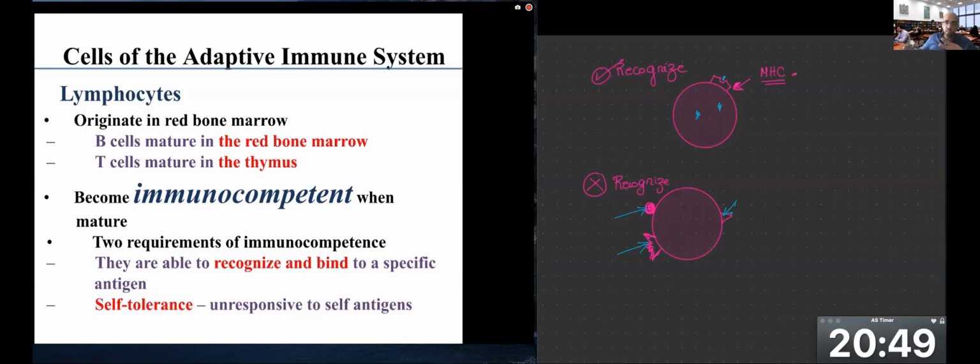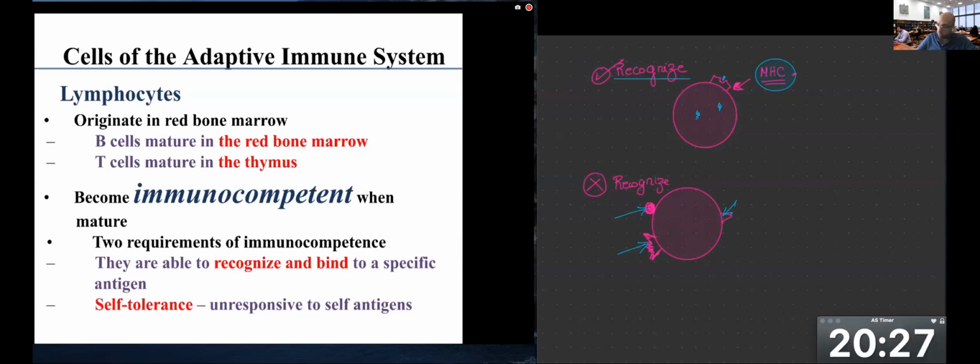So what those cells need to do is first learn how to recognize a self antigen. We call the self antigen on here my MHC, major histocompatibility protein.